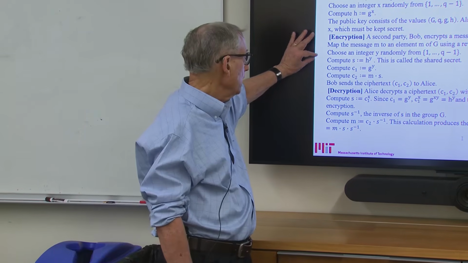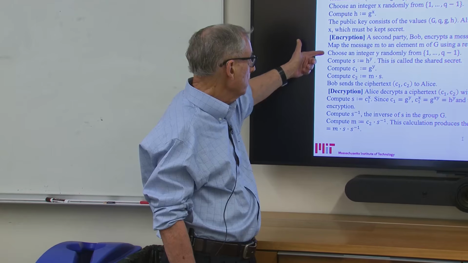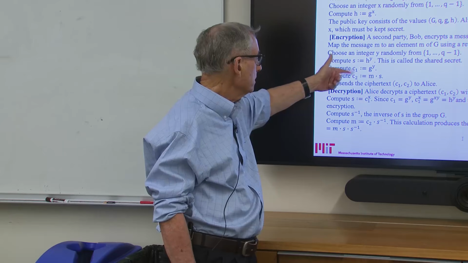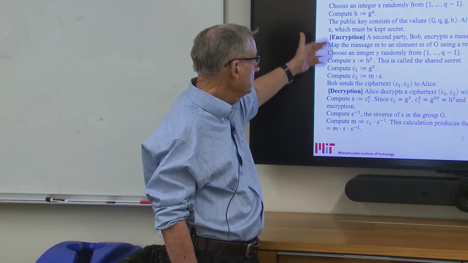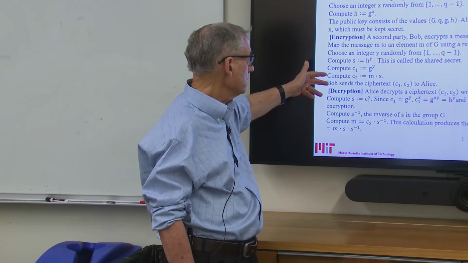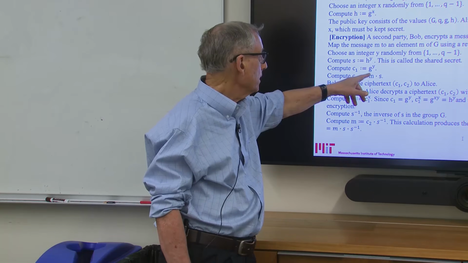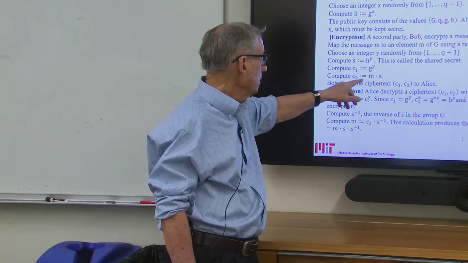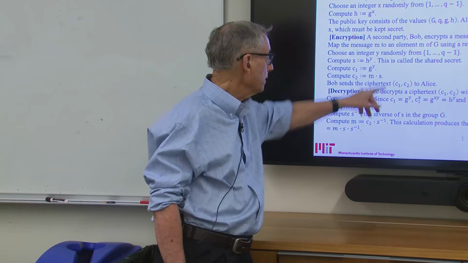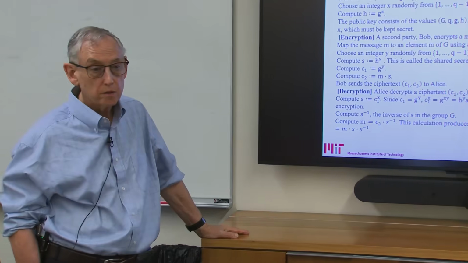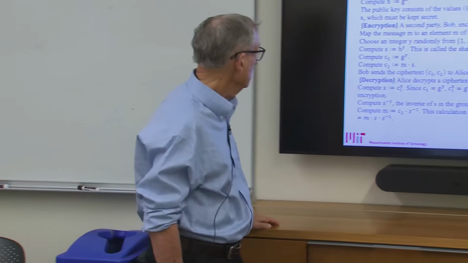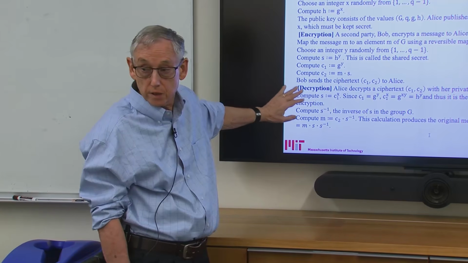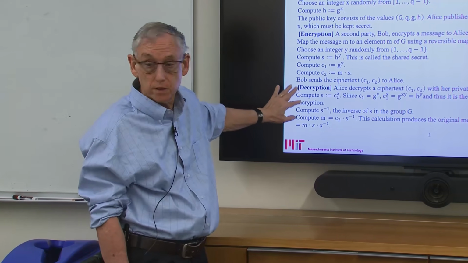Okay, so Bob chooses this randomly chosen object Y. H to the Y is the secret S. Bob sends two ciphertexts to Alice: G, the generator, to this random value Y, and also the message multiplied with the secret. So Alice gets two ciphertexts.